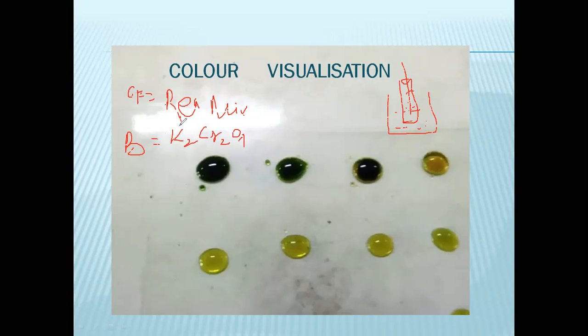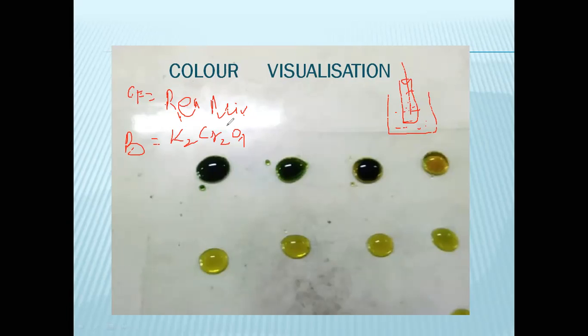So then what happens? The reaction will take place. Fe2+, which is present in the Mohr's salt, that is ferrous, is oxidized to ferric, and the Cr6+ is reduced to Cr3+. The reaction is taking place.